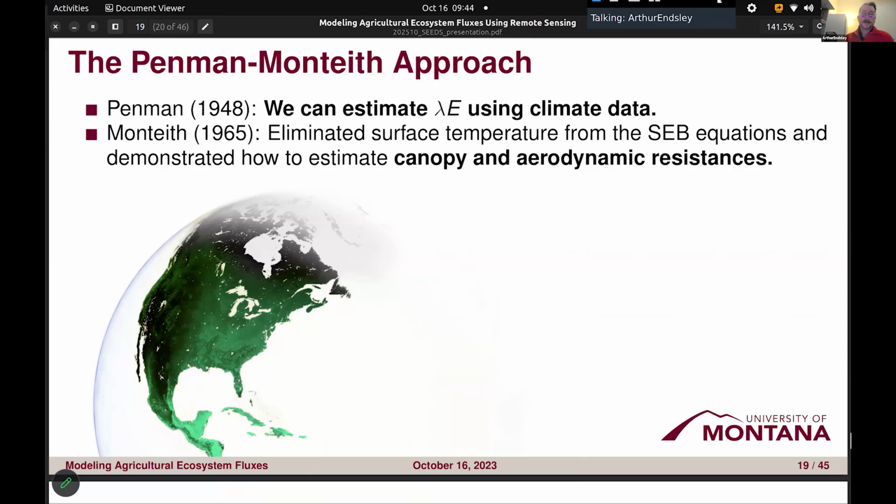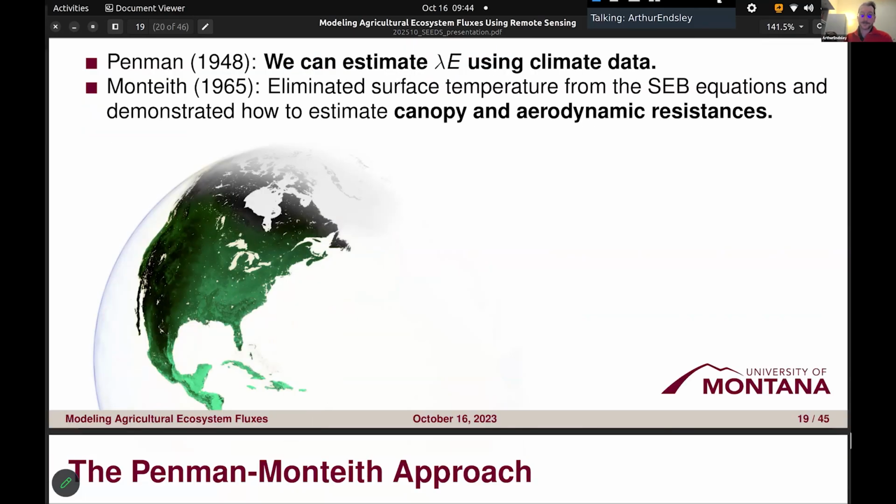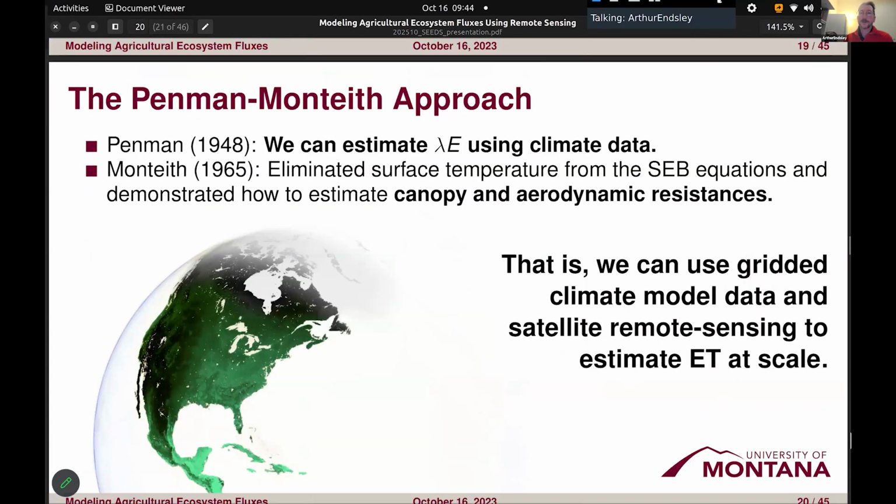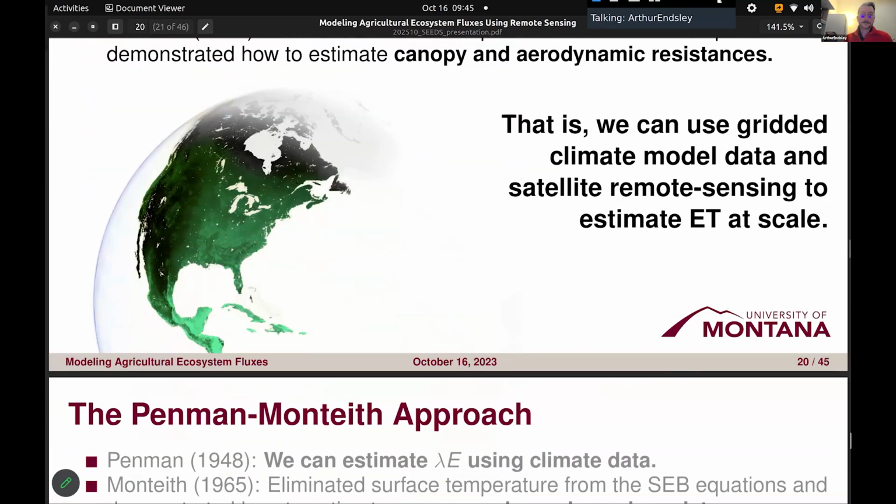And then Monteith later eliminated surface temperature from those surface energy balance equations because surface temperature is difficult to measure at scale, and then demonstrated how to estimate canopy and aerodynamic resistances, which are a reflection of the key role that vegetation canopy plays in regulating evapotranspiration. And with those two innovations, we became able to use gridded climate data and satellite remote sensing to estimate ET at large scales: regional, continental, and now global scales.